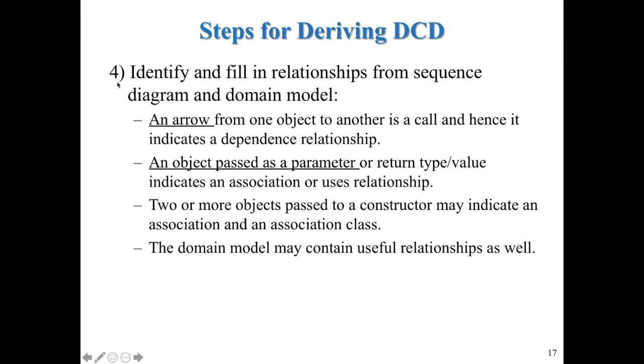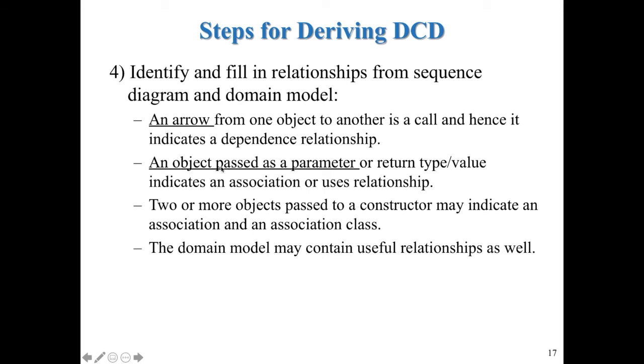I don't know why. Step number 4. Then the last thing that is left in our design class diagram is the relationship, how the classes are related to each other, and what the relationship is. From your sequence diagram, you see the arrow signs. All the arrow signs show the relationship.